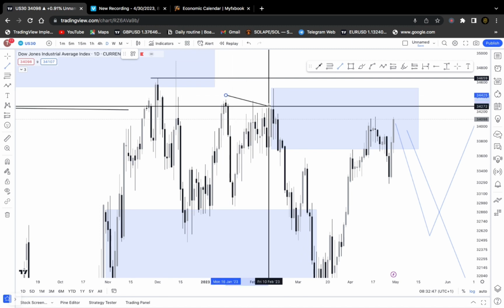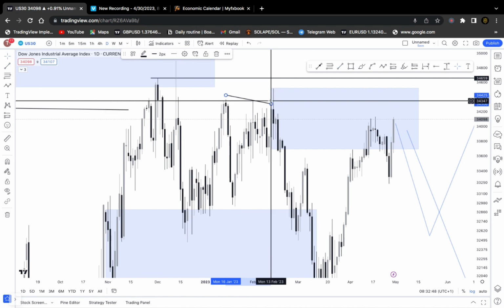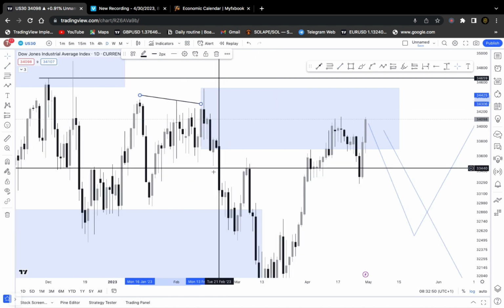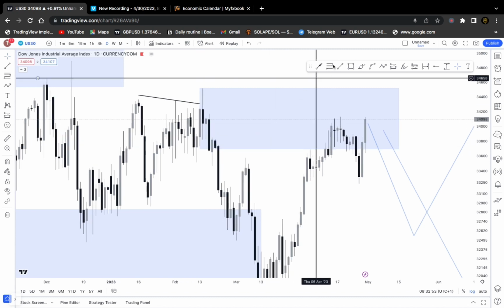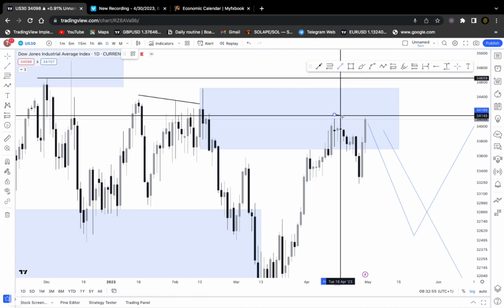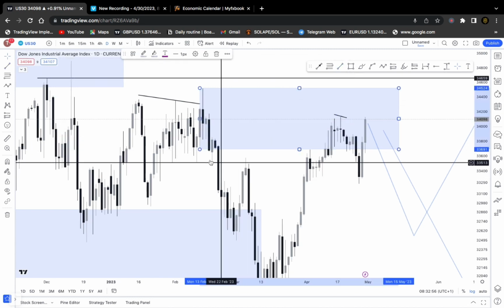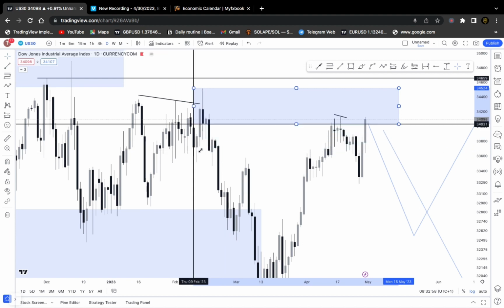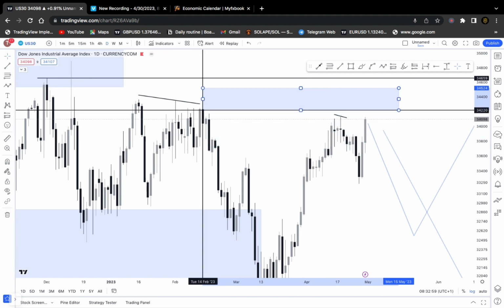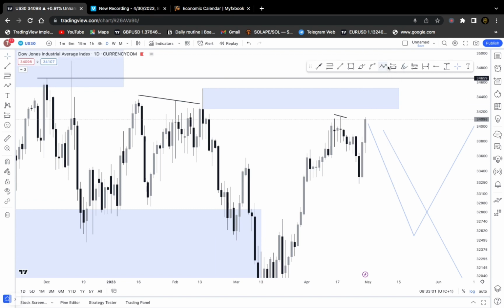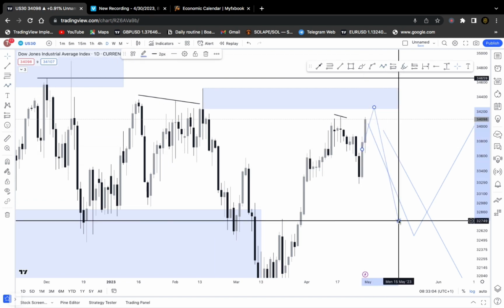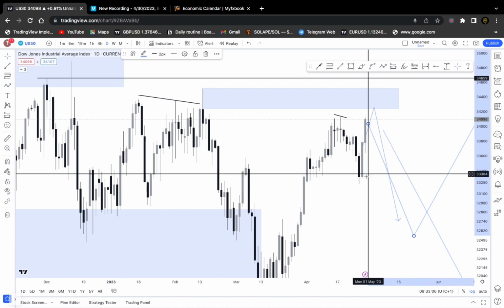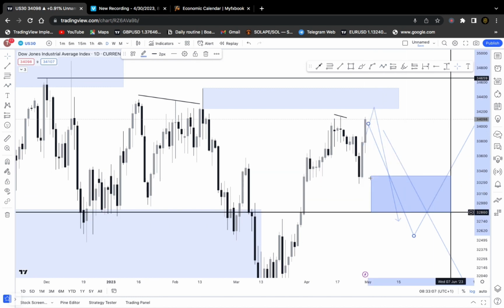So we had the liquidity at that top there, which was taken out this week, probably taken out most traders, and in finding this our supply zone, we can understand that we still have liquidity at the top there, at that level there. So there's high probability that the market will want to take out this liquidity and continue pushing to the downside. That's what we can be seeing or expecting on the US30.